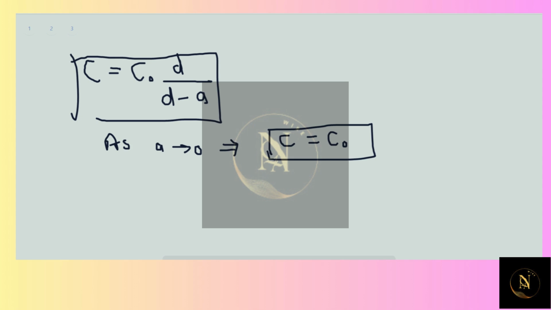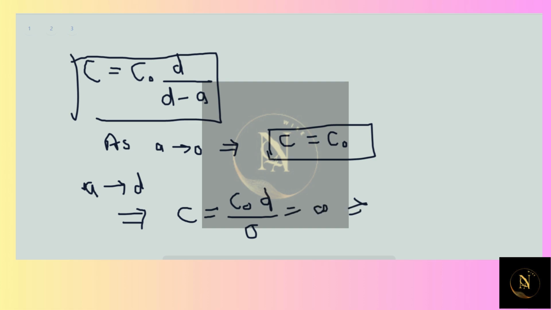And when a tends to d, in the above expression, if you put a equals d, you will find that we are going to have C naught times d divided by 0, which is infinity.